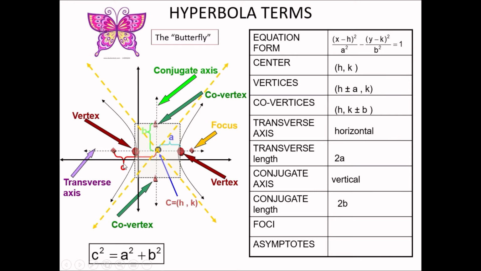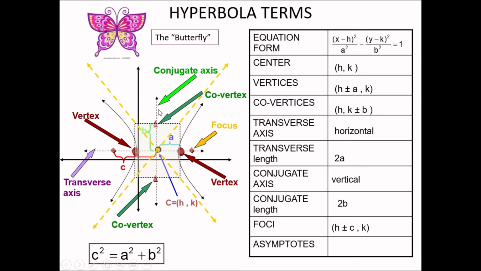Para makuha yung value or length ng c, we will use the formula c squared is equal to a squared plus b squared. So, yung coordinates natin for foci is h plus or minus c, k.